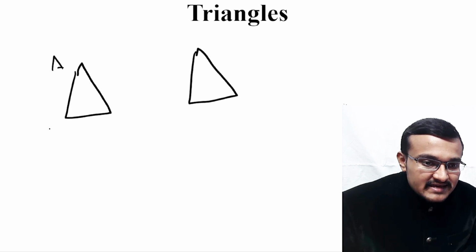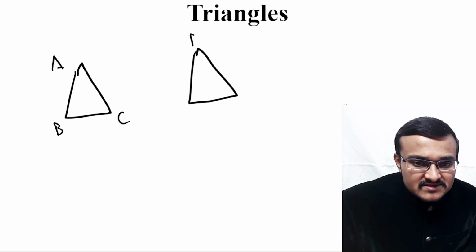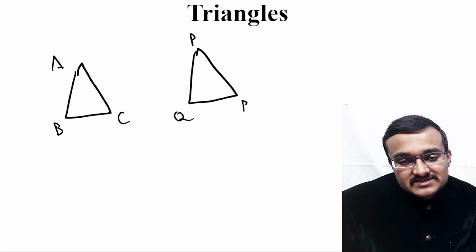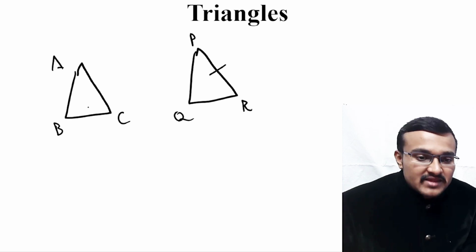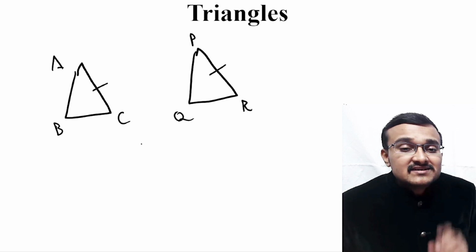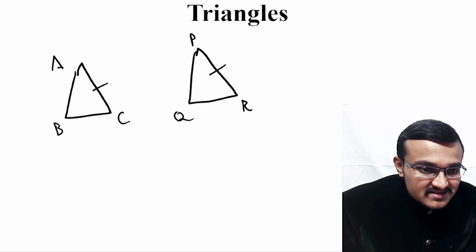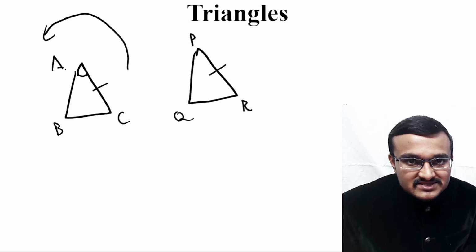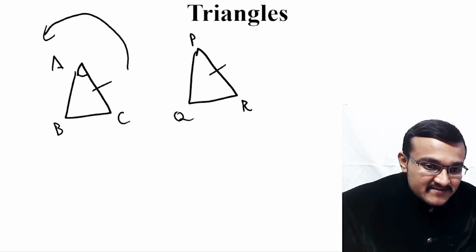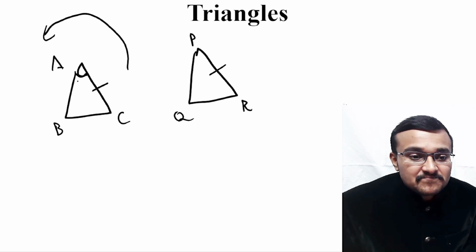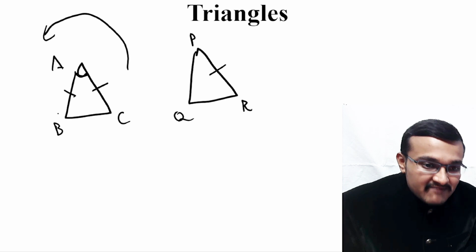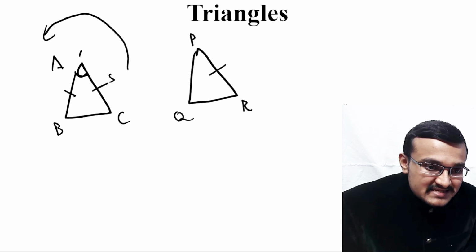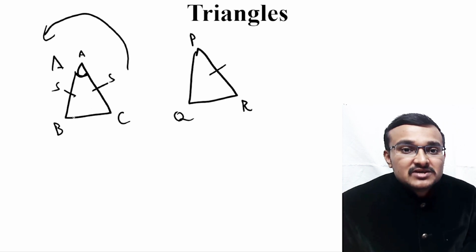So one is ABC, the other is PQR. So now let's say if you consider the PR side and the AC side, then you should consider this particular angle, because you should go anti-clockwise like this. So after this side you have this angle, after this angle you have this side. So that becomes S, A, S.